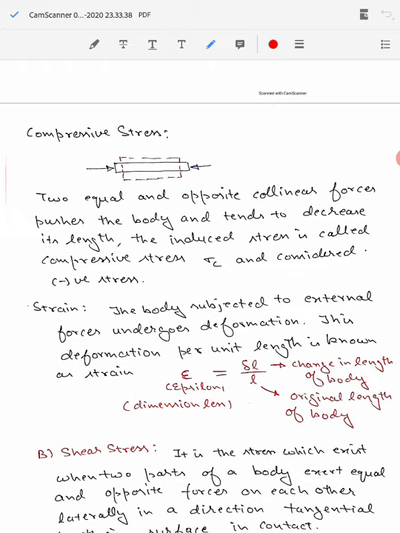Mind it, here again there are equal and opposite forces, but they are acting in such a manner that they are pushing the body and tending to decrease its length. This induced stress is called compressive stress, and it is represented by sigma c. C is the subscript for compressive stress. These stresses are considered as negative stresses.